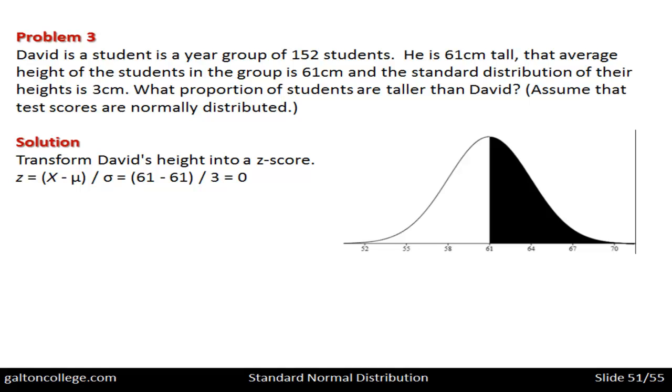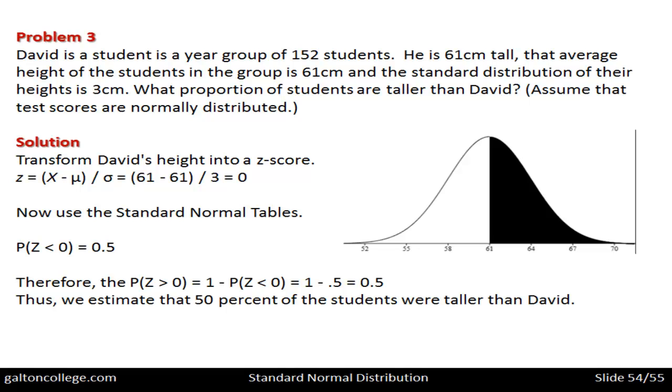Well, transform David's height into a z-score. In this case, it's x minus mu over sigma, which is 61 minus 61 divided by 3, which is equal to 0. The numerator is 0, the denominator is 3, the answer is 0. Now use the standard normal tables. The probability of z being less than 0 is 0.5.